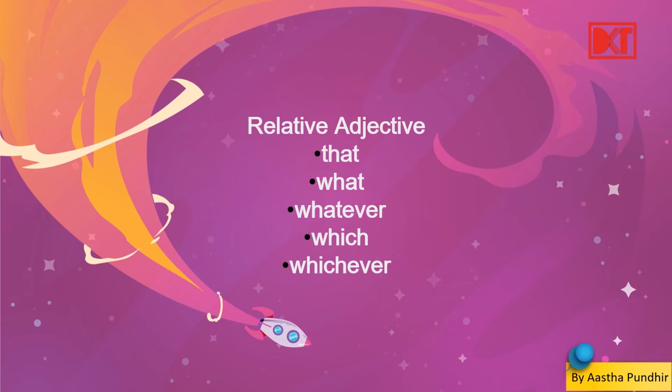Here, relative adjectives. Again, like relative pronouns, even relative adjectives many a times do the job of conjunctions. Just letting you know so that it doesn't cause any confusion in the future.